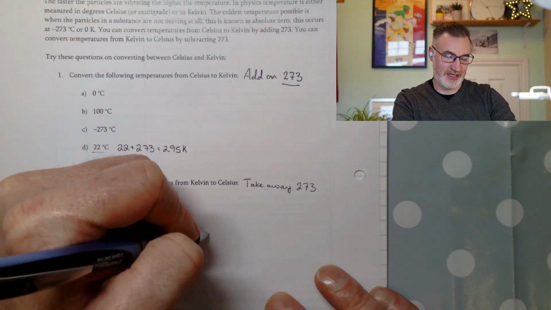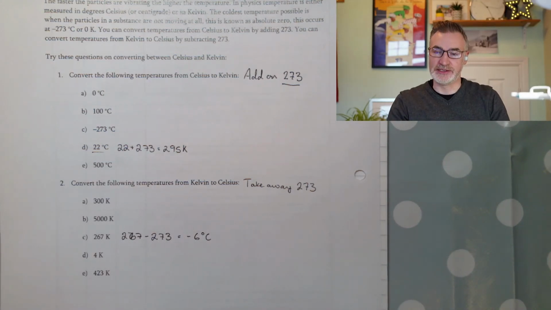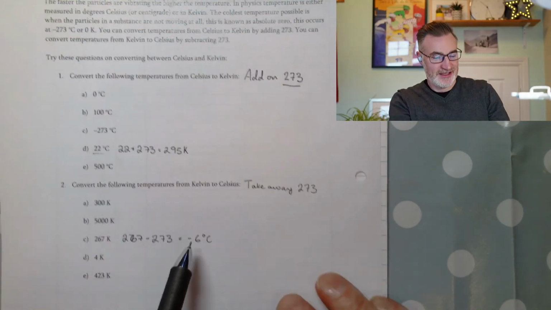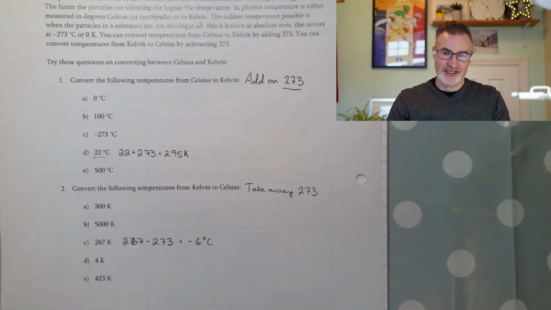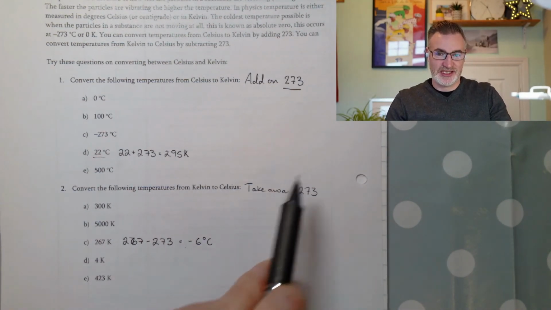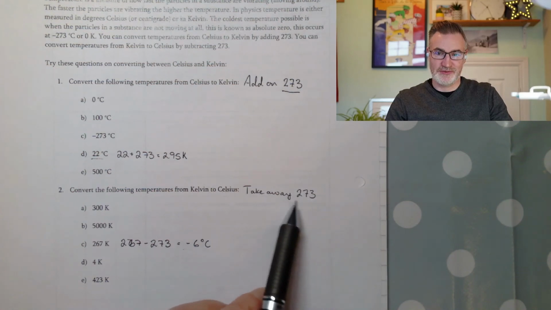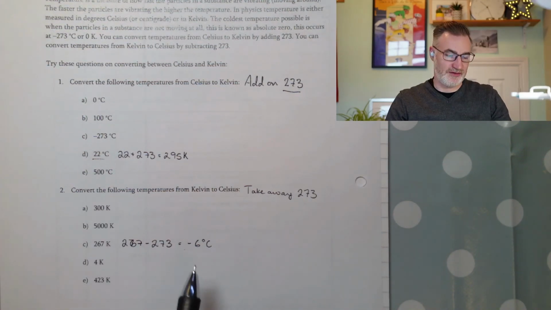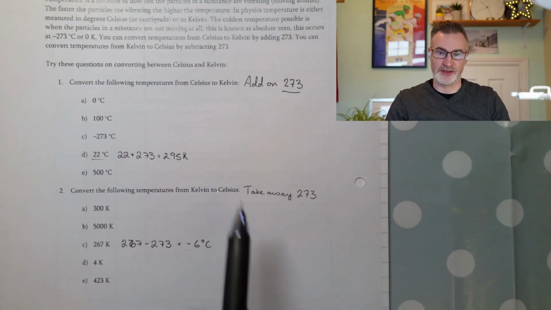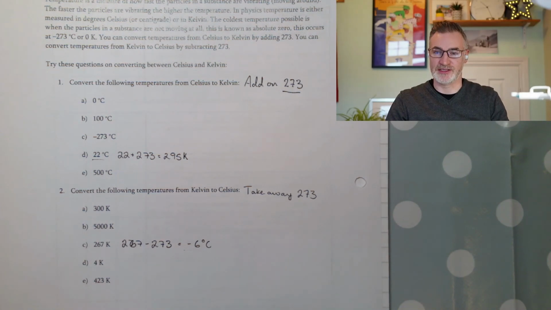So we would have minus 206 degrees C. Okay, yeah, so minus 206 degrees C. So just take away 273 from whatever value you have there, and you'll get that converted back from Kelvin into degrees centigrade.